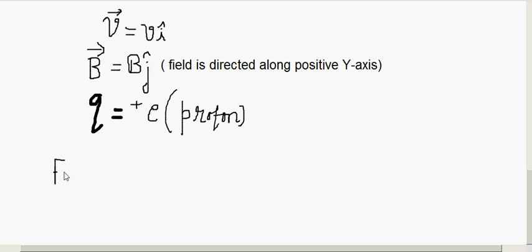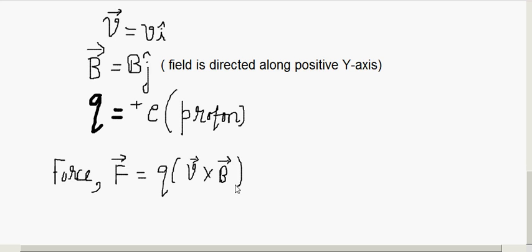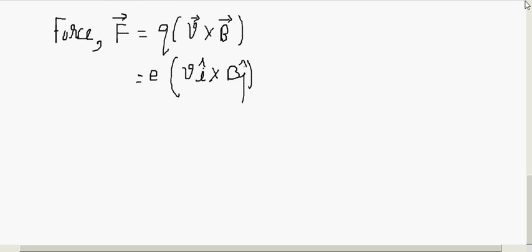The force acting on the proton is F is equal to Q into V cross B. Now this is equal to e into V i cross B j, or this can be written as e into V into B into i cross j, and you know i cross j is k.